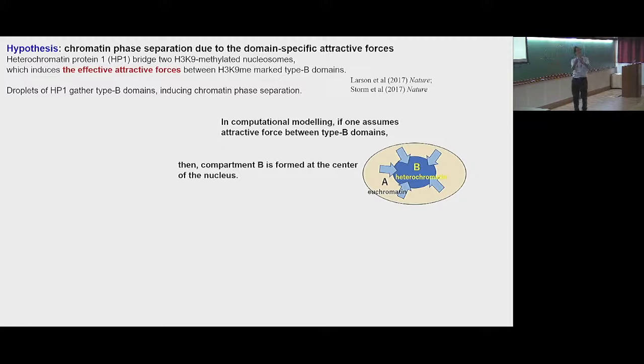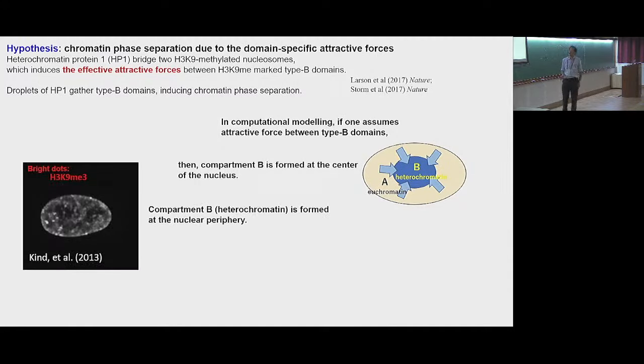I mean, the heavy matter shows strong gravity and sinks into the core of the planet. The same thing happens here in the computational model. But the actual distribution is different. Heterochromatin is found around the periphery of the nucleus. So this is the opposite trend.